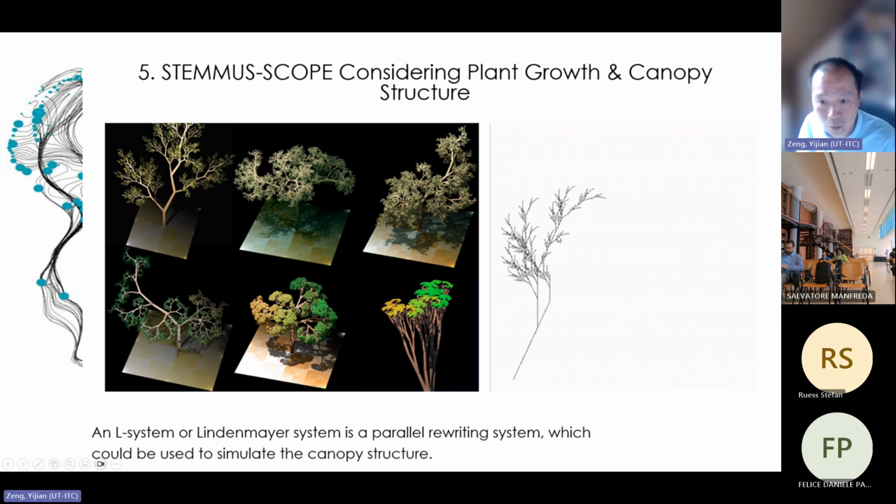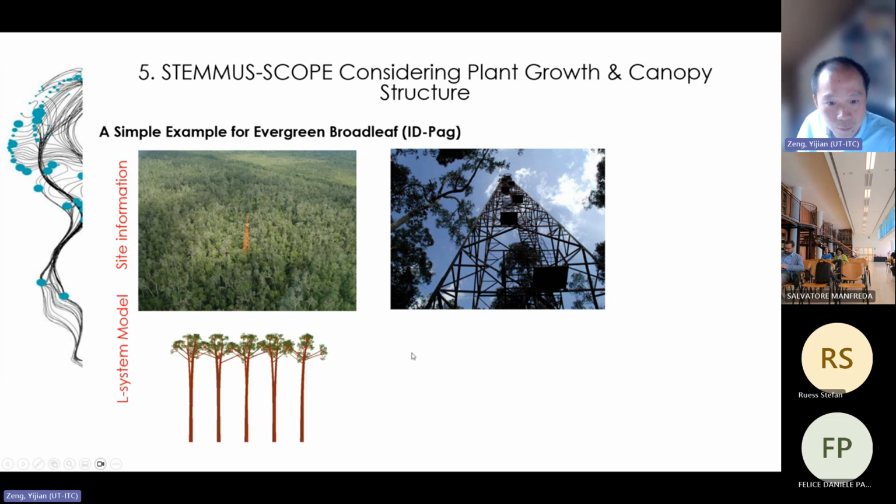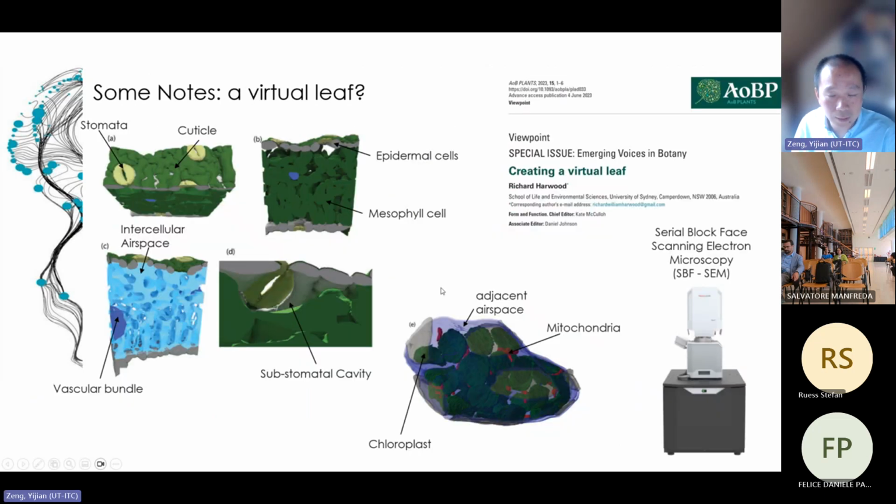But the paper is not yet out. We are preparing to submit it in the near future. This is using another site, where we are validating our improved version in terms of the simulation of carbon, water, and energy fluxes. But all these are currently under development and will be submitted soon.